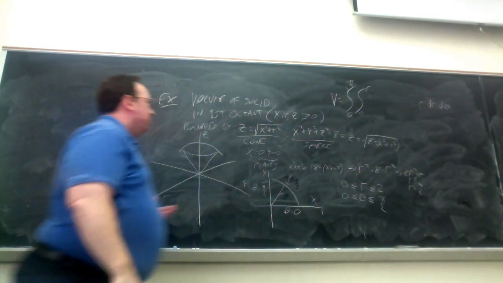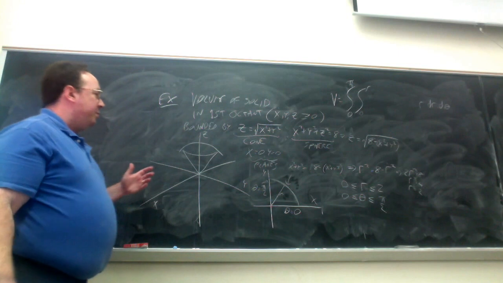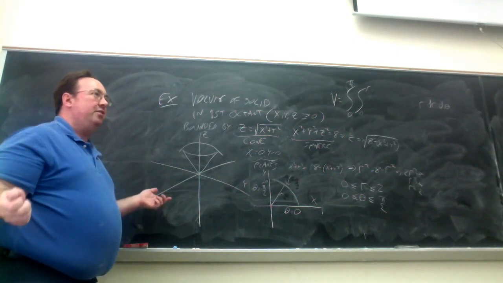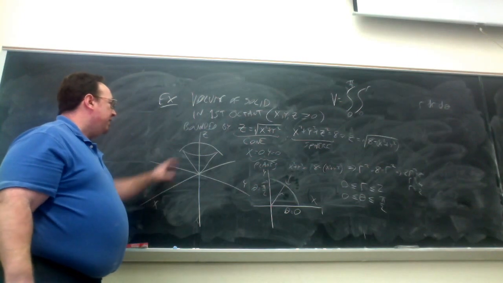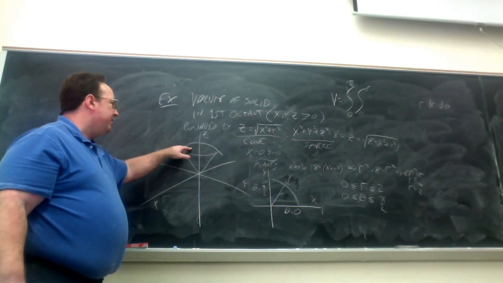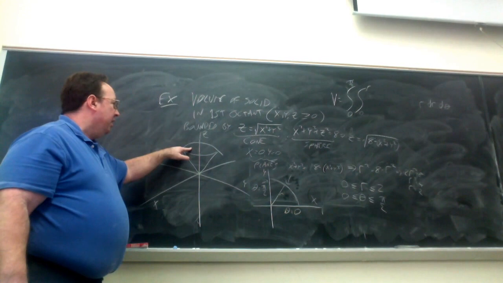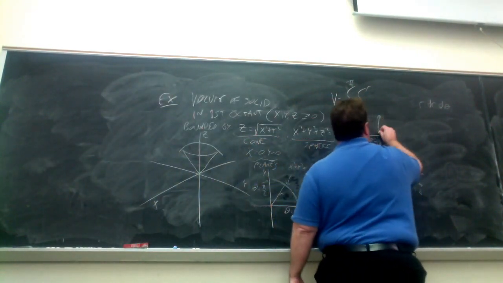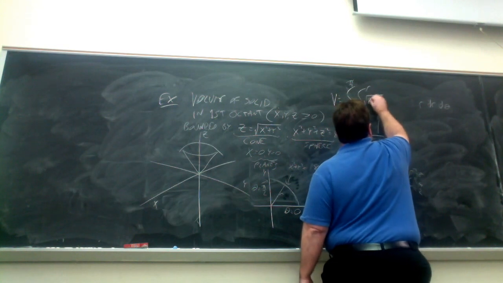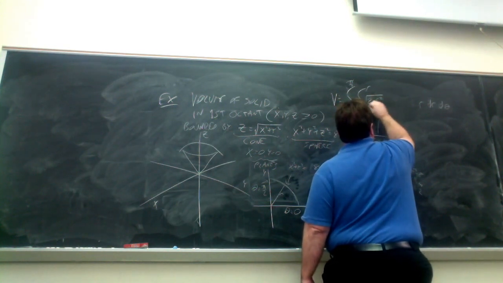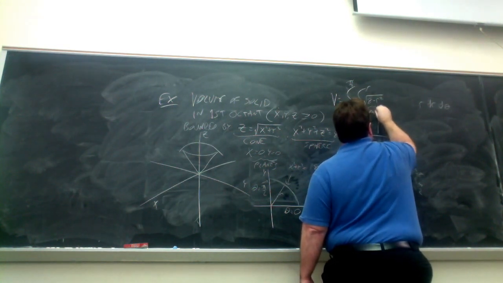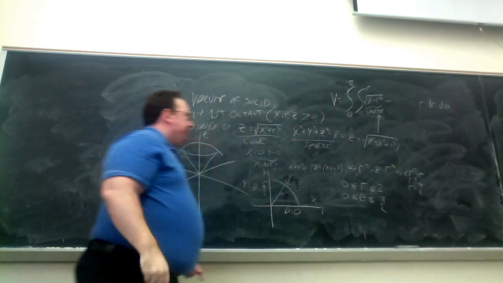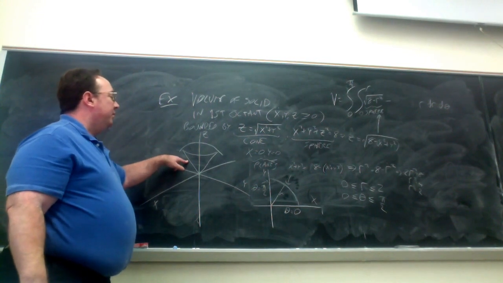Now, when it's a volume problem, what does not change, whether you're in terms of x and y or r and theta, is that you're subtracting a difference in z values. So you have the z value for the sphere, which would be this in polar coordinates, square root of 8 minus r squared, minus the z value for the cone.